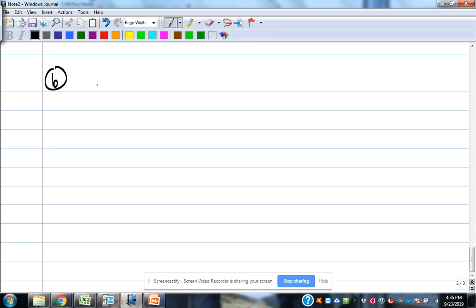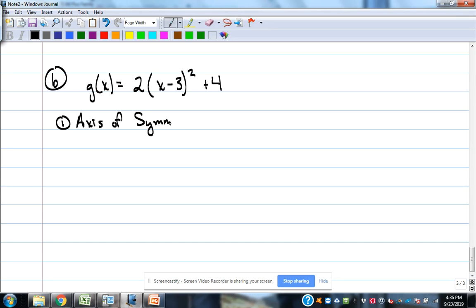So let's call this example B, g of x equals 2 parentheses x minus 3 squared plus 4. We're going to find all those things that we found with example A. But the good news is, because it's in vertex form, two of them are really, really super easy to find.